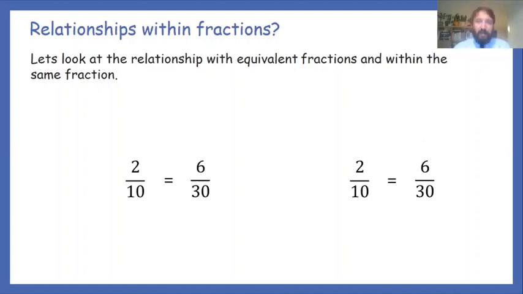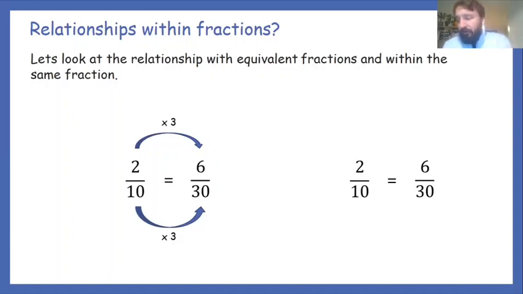If I'm having a look at this first relationship here, we've got 2/10 is equal to 6/30, which we know is an equivalent fraction. How do we know it's an equivalent fraction? Because it is 3 times larger, and we have our numerator and denominator, both times by 3, and we remember from last time that is the case, so we can have an equivalent fraction.